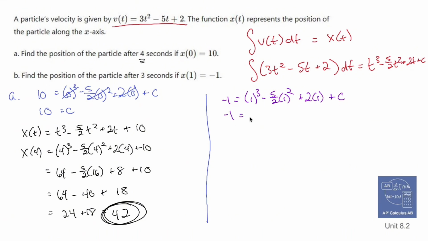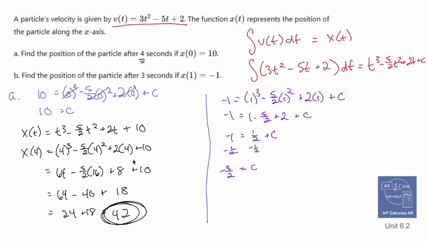So negative 1 equals 1 minus 5 halves plus 2 plus c, which is 1/2 plus c. Subtract a half, and we're at negative 3 over 2 equals c.